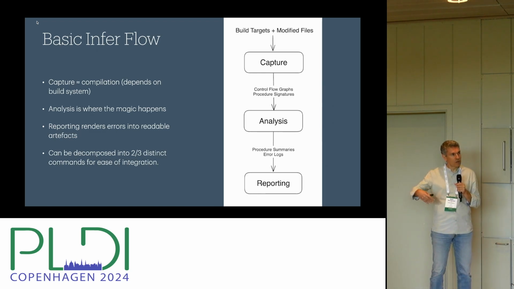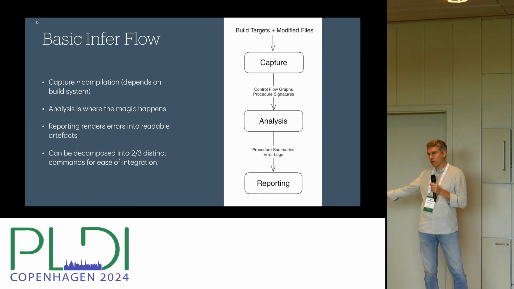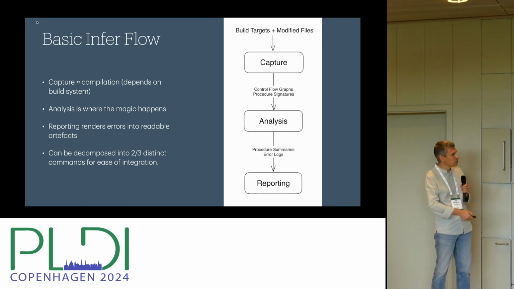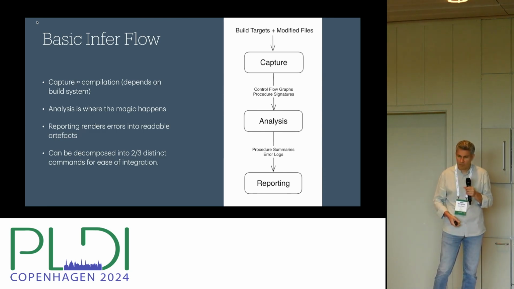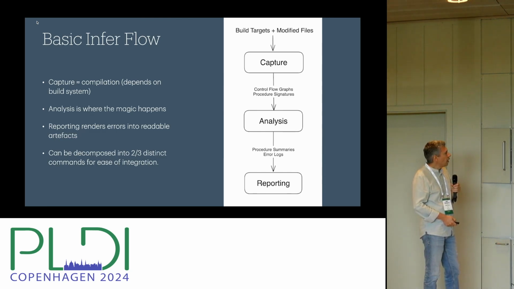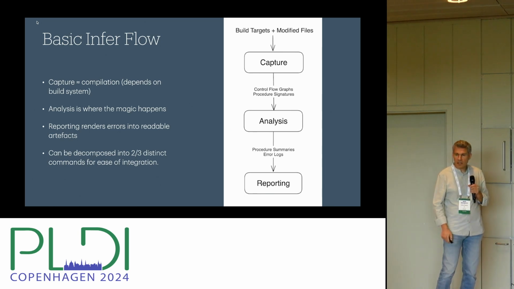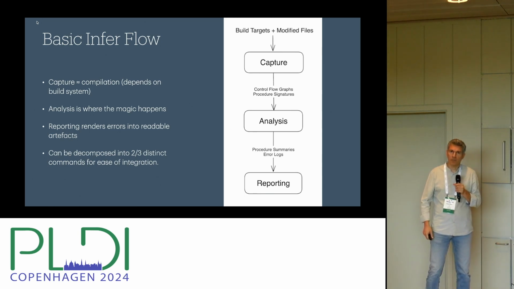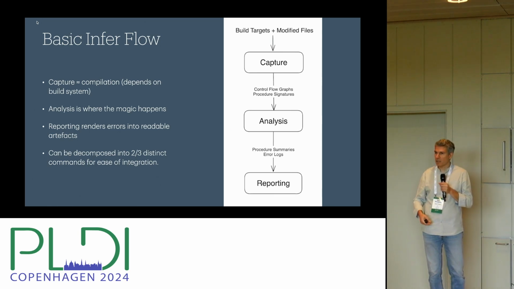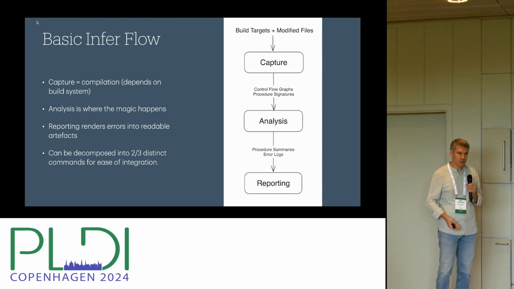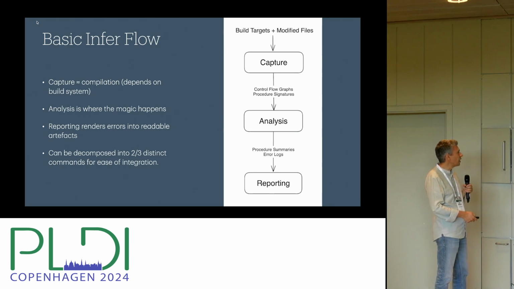But we also generate logs of what are the errors that are found, and then these are consumed by the phase that takes all that and then produces error messages, traces, and so on and so forth. Typically, analysis and reporting are done in one step currently. By default, reporting happens automatically after you do the analysis. You can stop that if you want. There are flags for everything, but that's the main flow.